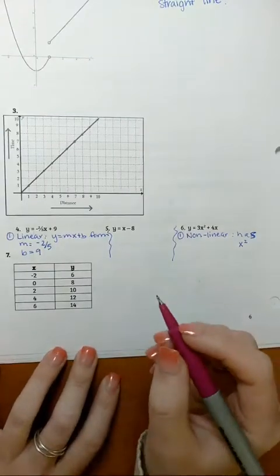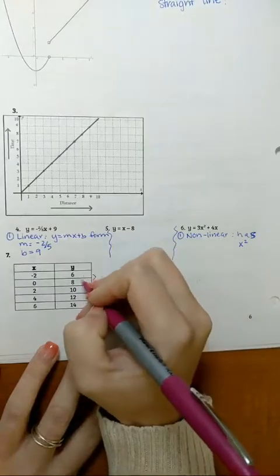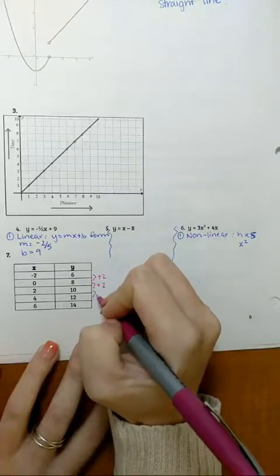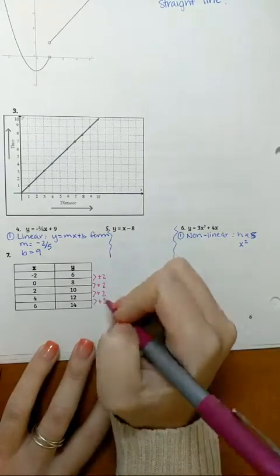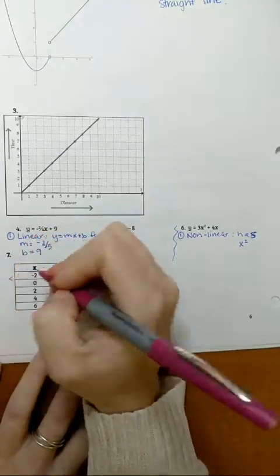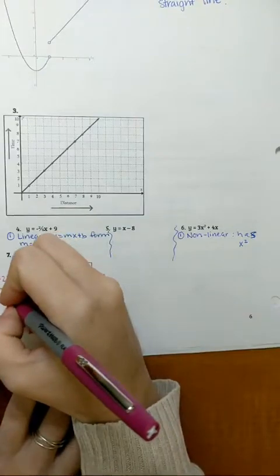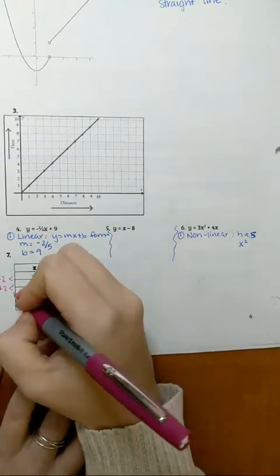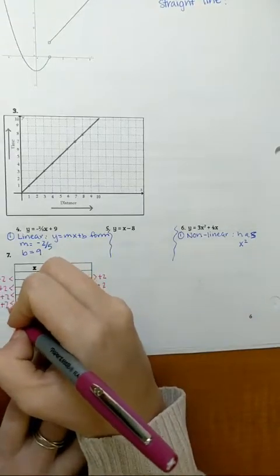So for a table, we have to see if this is linear or not. First we would see what we are adding or subtracting by. So plus 2, plus 2, plus 2, and plus 2. So this side is linear. Let's check this one. Plus 2, plus 2, plus 2, and plus 2.